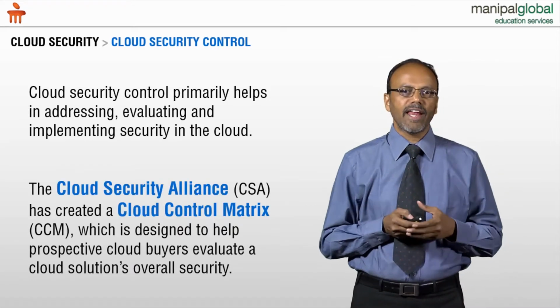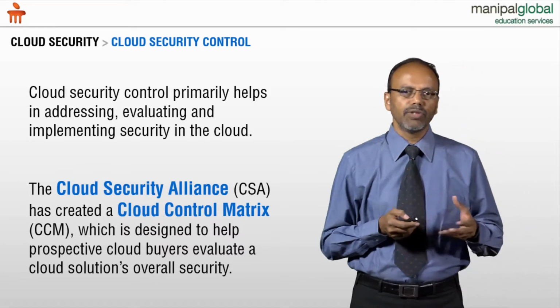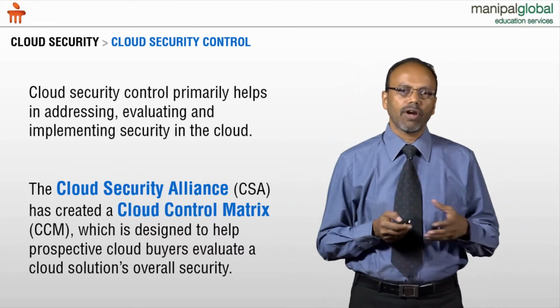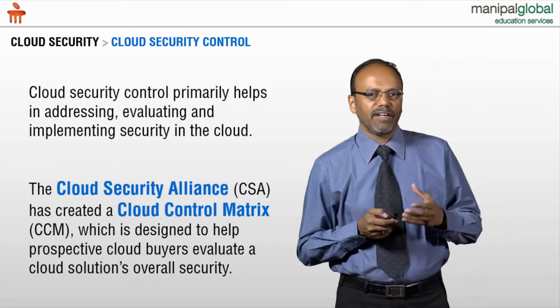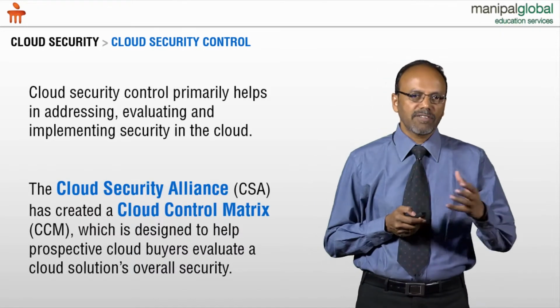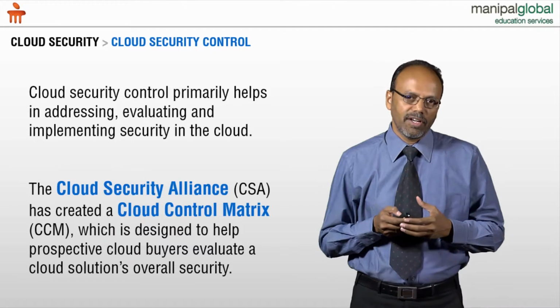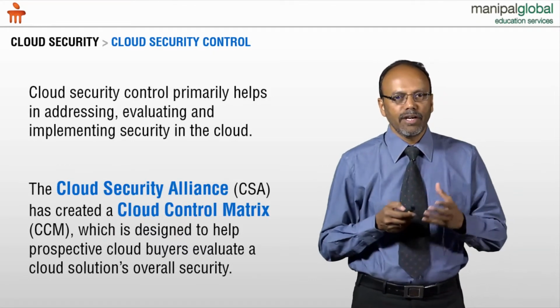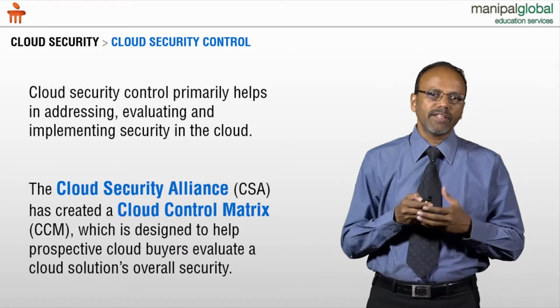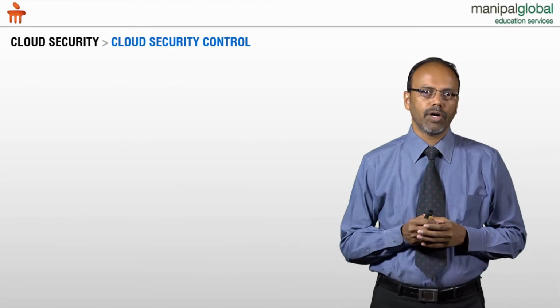The Cloud Security Alliance, or CSA, has created some standard guidelines through the CCM, or Cloud Control Matrix, which lays down the foundation and provides standard ways in which cloud data can be secured, and acts as a guideline for buyers of the cloud to evaluate the cloud solution's overall security.